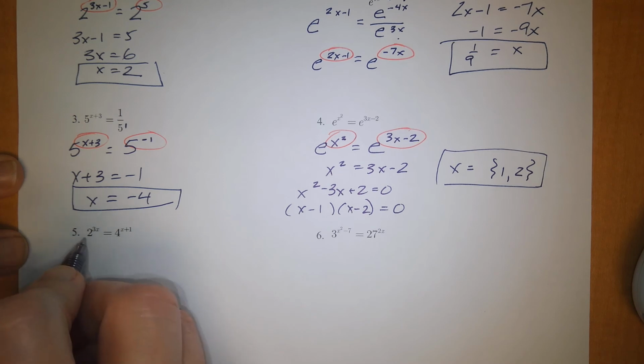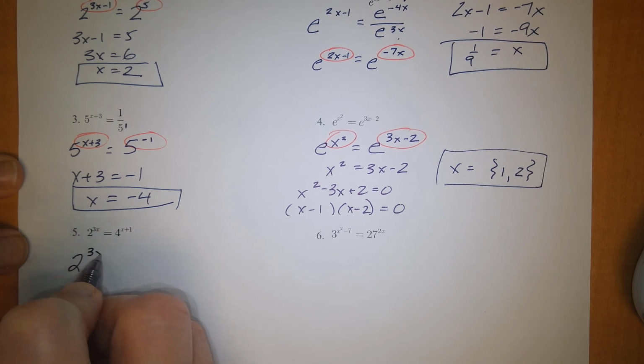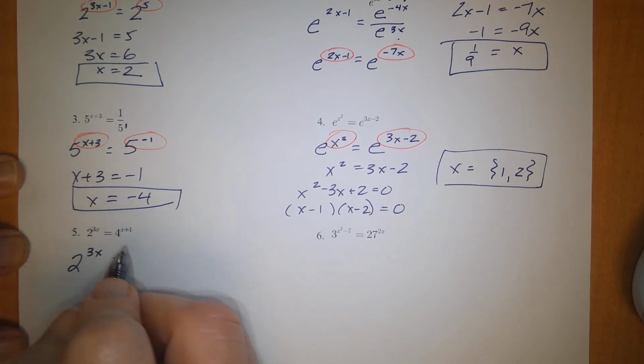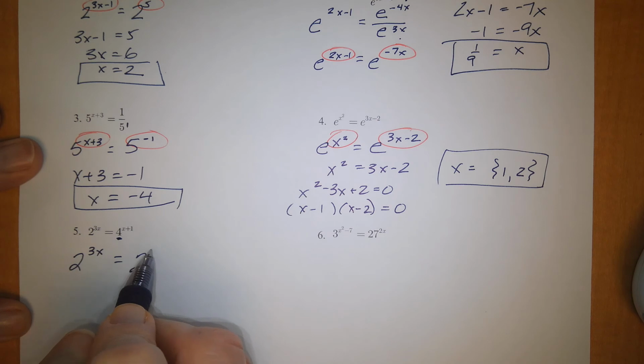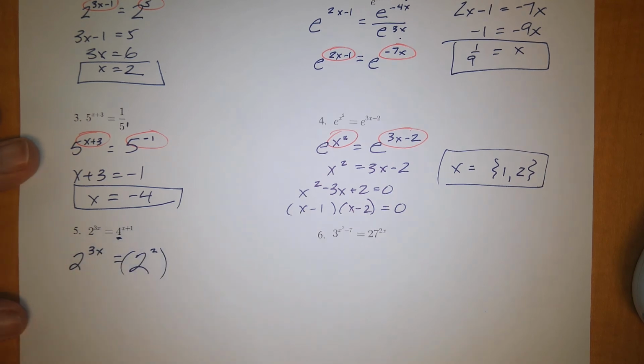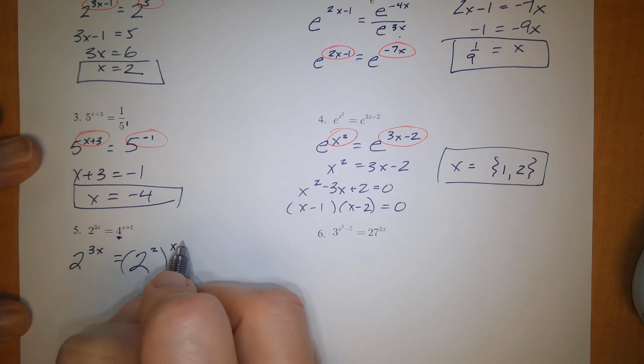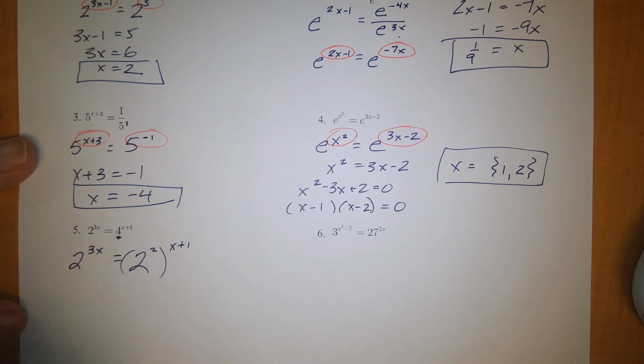Over here, this is already in simplest form. 2 is the most pure form of a base. 4, I want to try to break down into something smaller like a 2. Well, 4, by definition, is simply just 2 squared. So I can turn 4 into 2 squared raised to the x plus 1 power. And so then I'll have similar bases. Let's simplify the right side first.